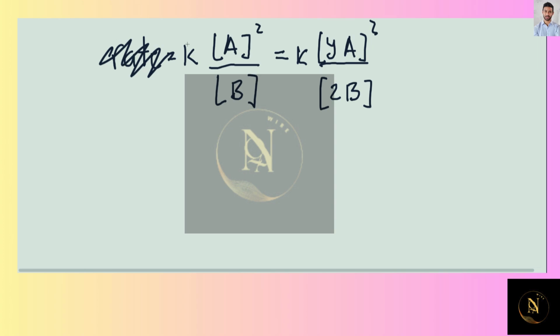I don't really care about this side of the equation anymore. That's just explaining that this is what our rate was and setting up the equation. The first thing I'm going to do is cancel the k's. The k's don't matter; we've got them on both sides of the equation. The other thing I'm going to do is factor out my 2 and my y, just so it's a little less confusing looking. So this is still a squared, and this is still b.